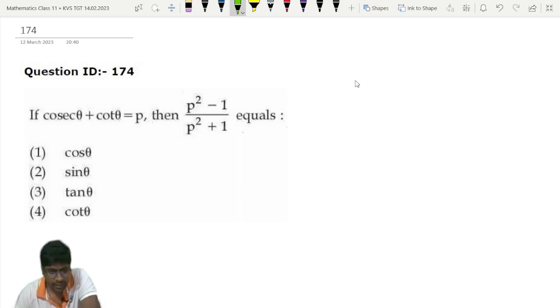So, what we can do for that? Okay, p is equal to cosec theta plus cot theta. So, what about p square then?